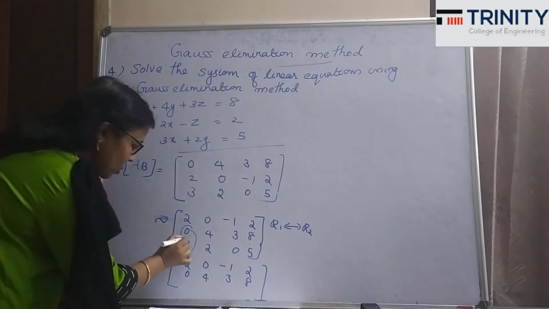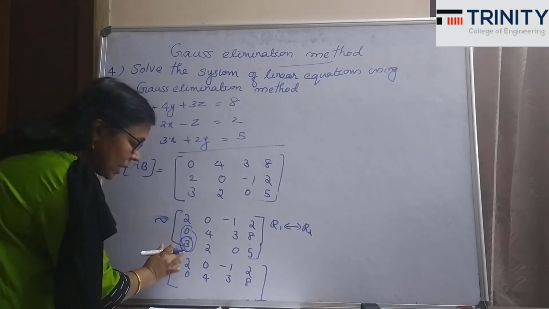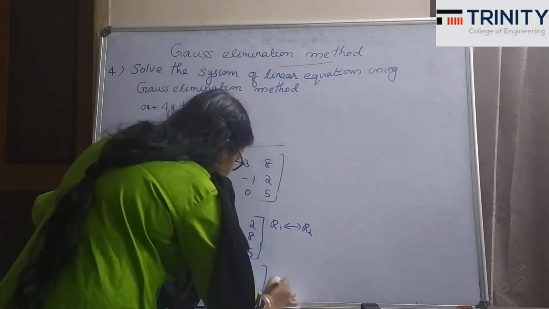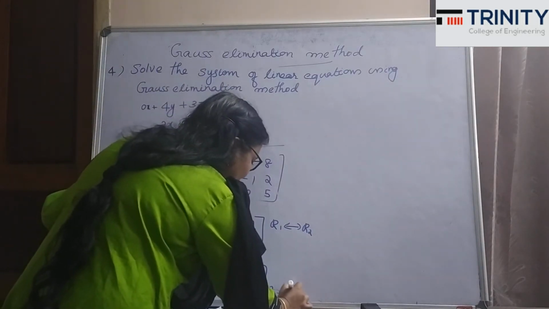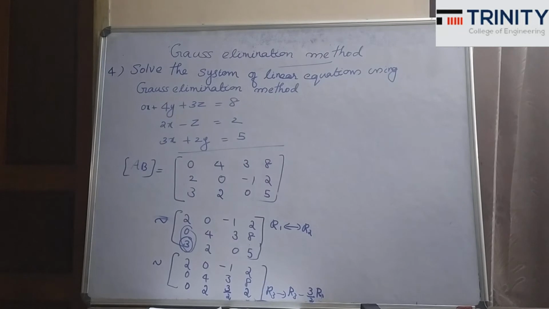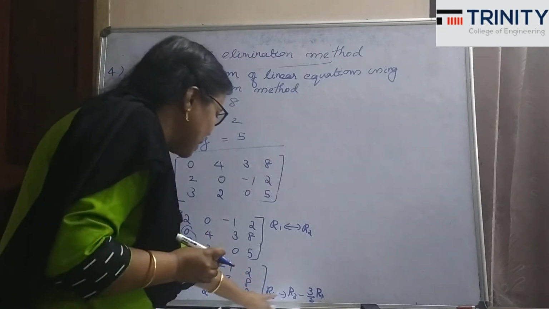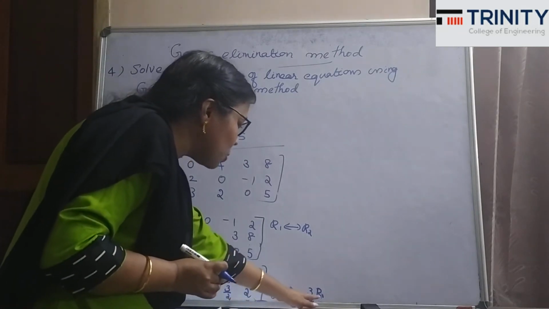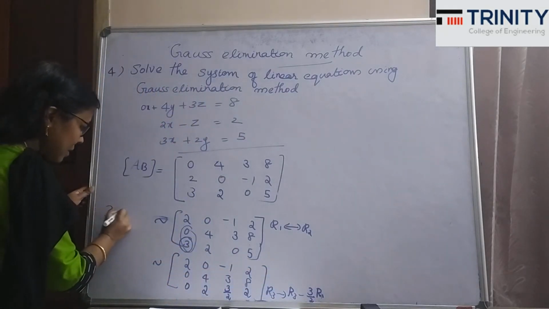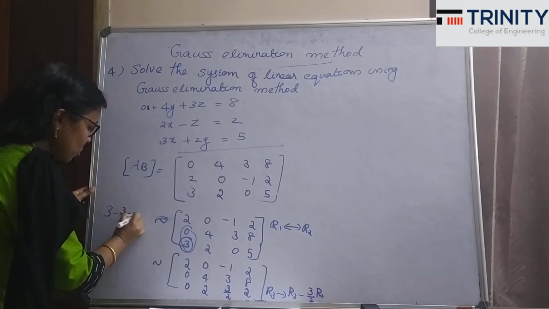We are changing the third row, that is changing 3 into 0. R3 becomes R3 minus 3 by 2 R1. That is 3 minus 3 by 2 times 2.